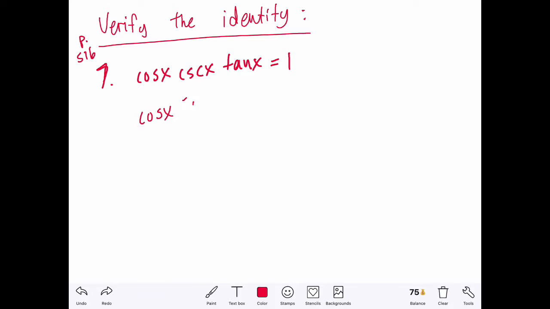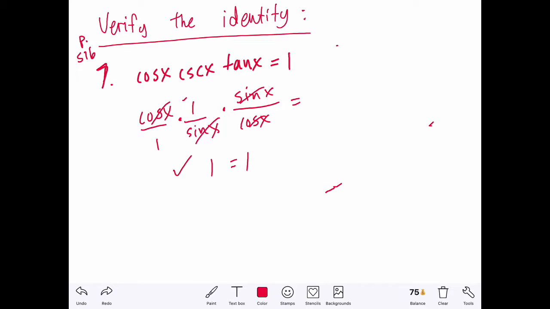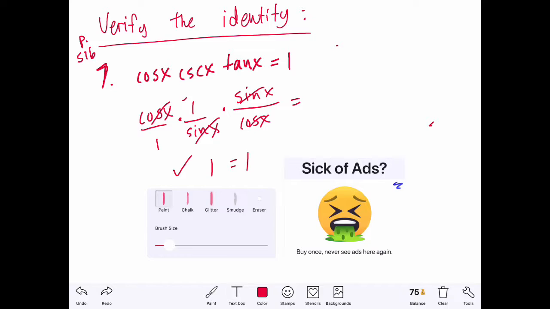Cosecant is the same as 1 over sine of x, and tangent of x is sine x over cosine of x. Well, sine over sine cancels, cosine over cosine cancels. Remember, that's over 1, essentially. So all that simplifies to 1, and 1 equals 1. Okay, easy verify.